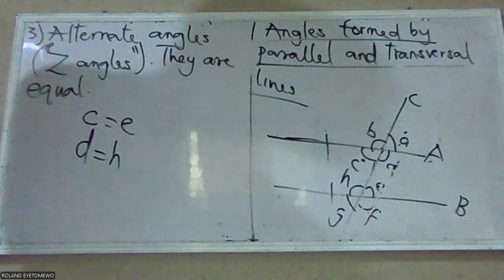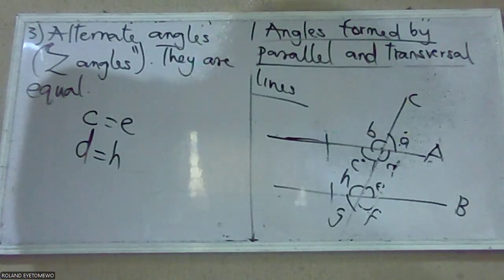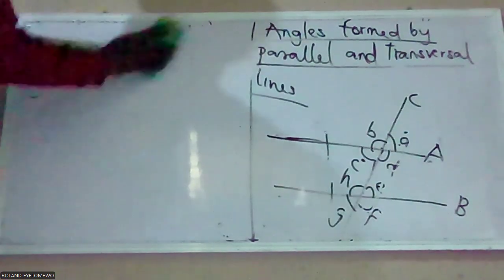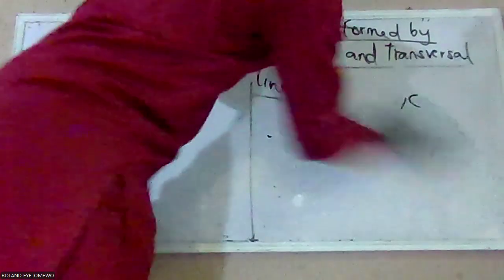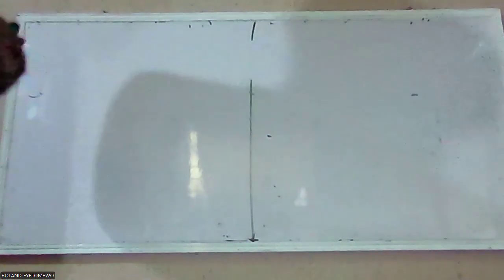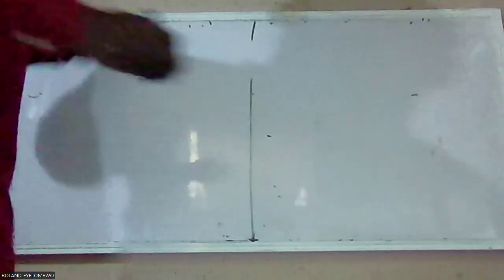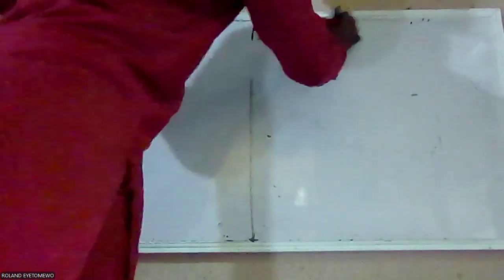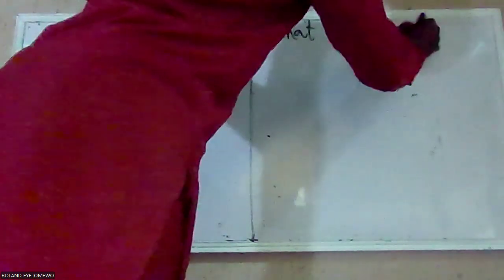Now, let's take a question and use what we have learned to get all the angles. What are the missing angles?